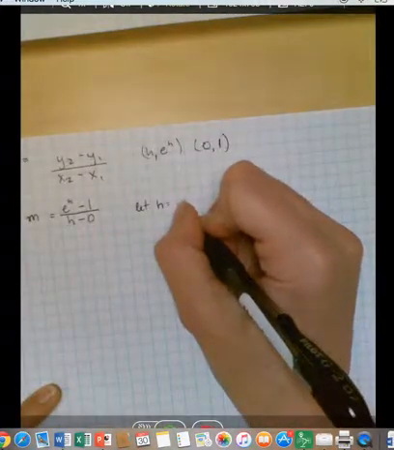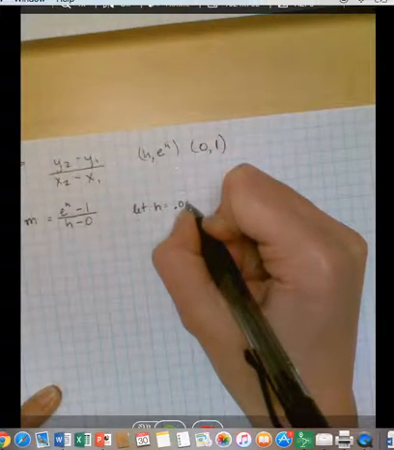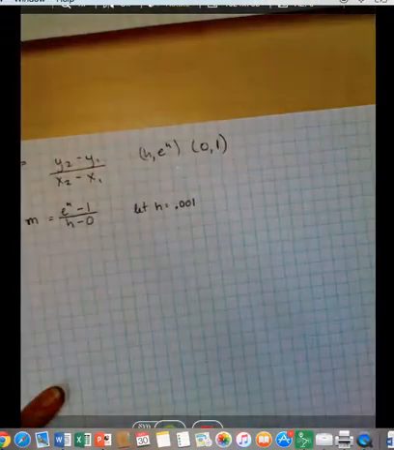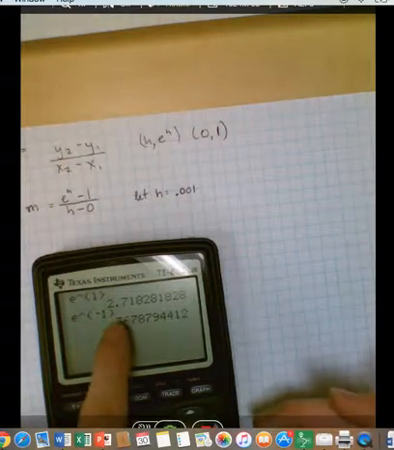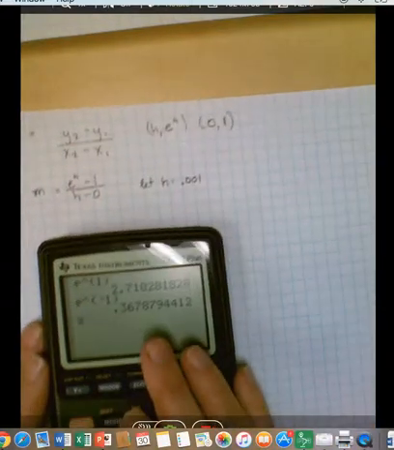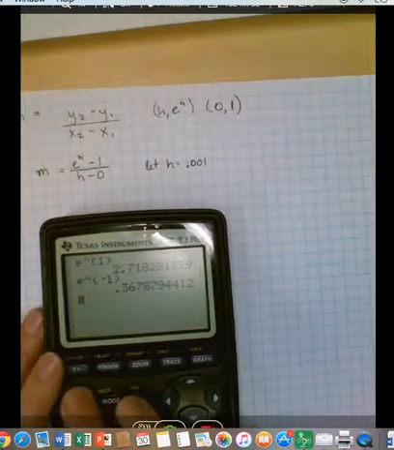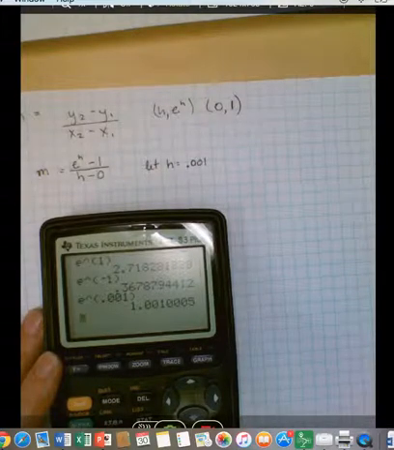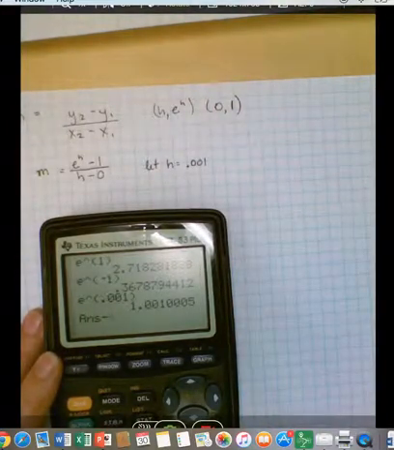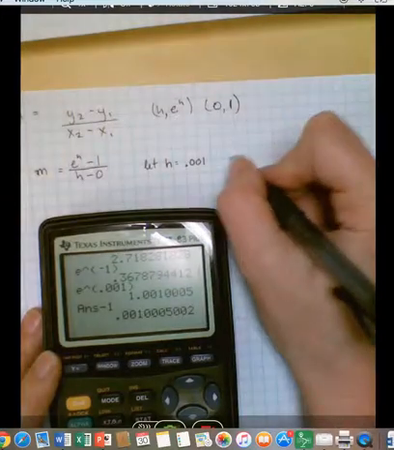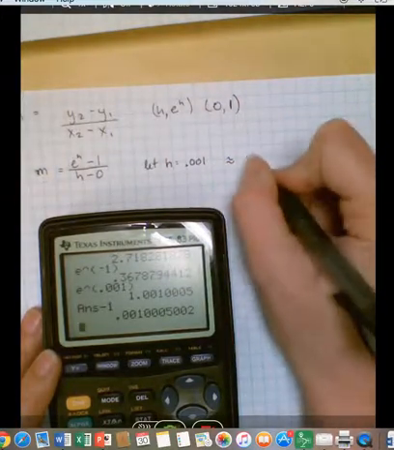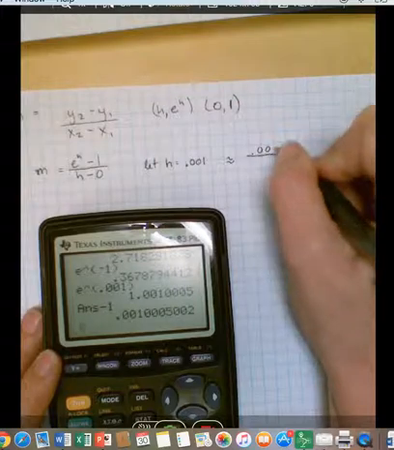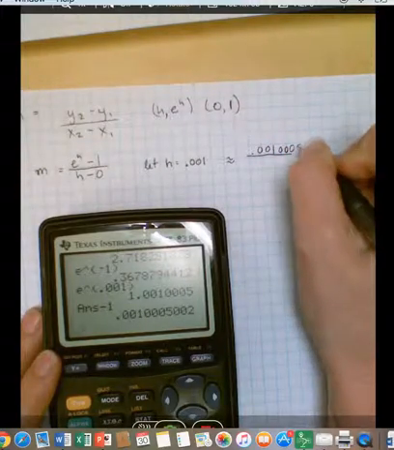So let h equal a small number, like 0.001. We can do it on our calculator. e to the 0.001 minus 1 gives us approximately 0.0010005.